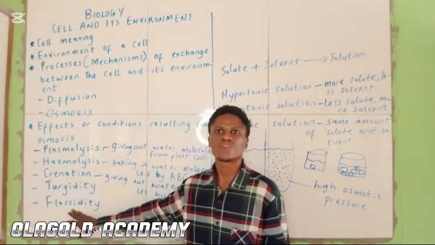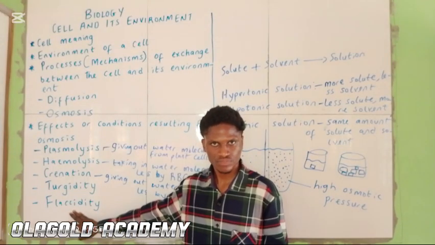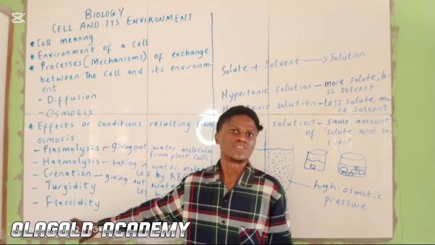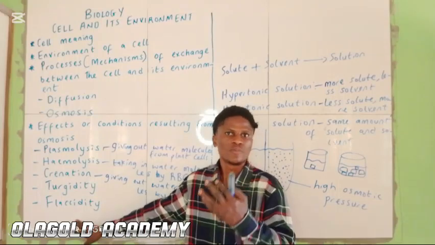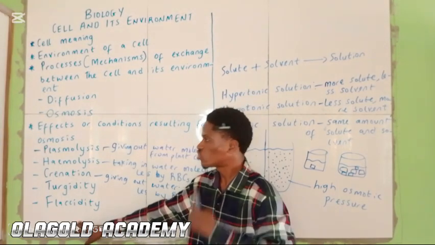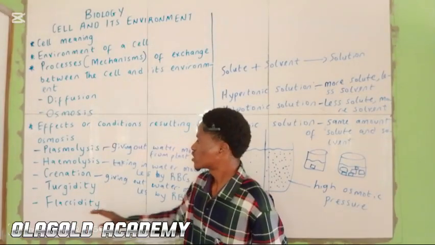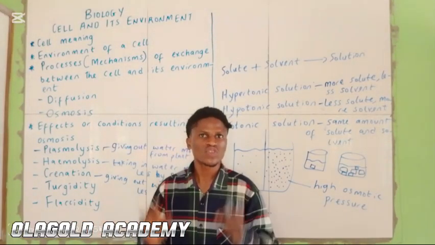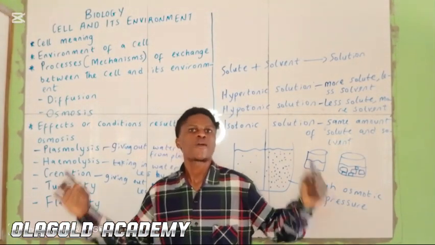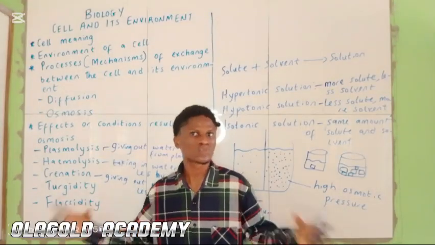Lastly, we have flaccidity. Flaccidity is the outward movement of water molecules much faster than the plant can absorb.